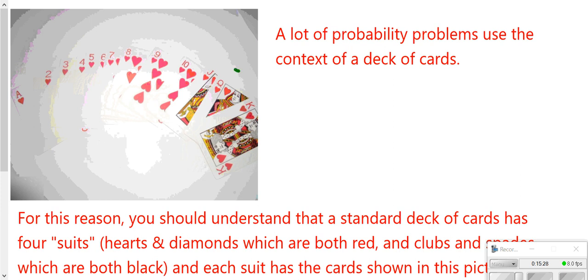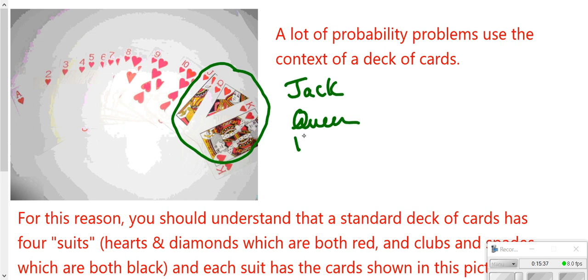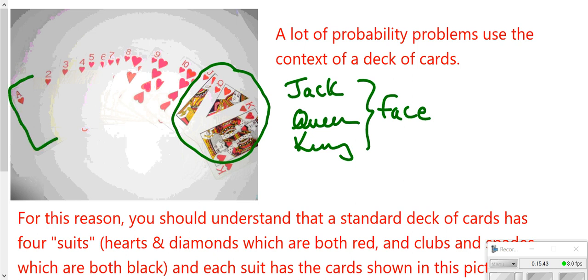There are 3 cards in each suit that are called face cards: the Jack, the Queen, and the King. Those are called face cards because they have faces on them. The Ace is not a face card. The Ace in some games is a high card, in some games it's a low card, and sometimes you get to pick.